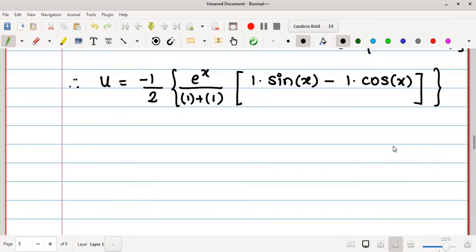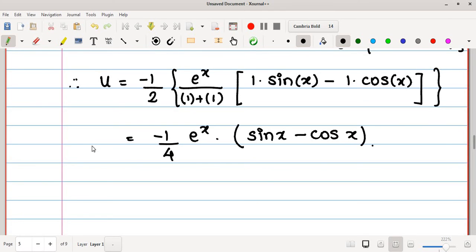If you simplify this, it is equal to minus 1 upon 4 times e raised to x into sin x minus cos x.